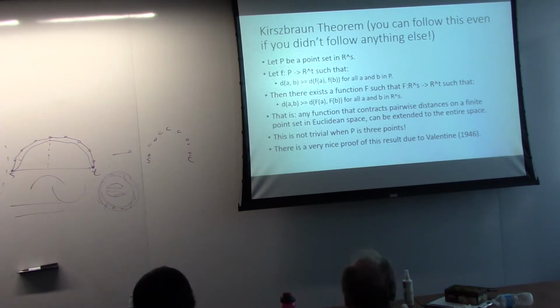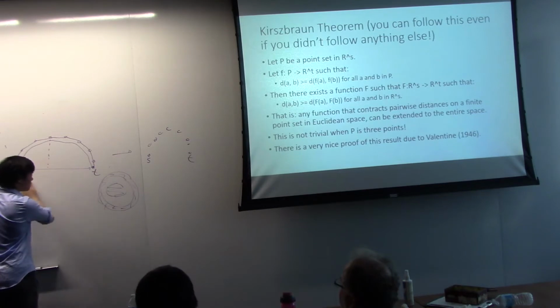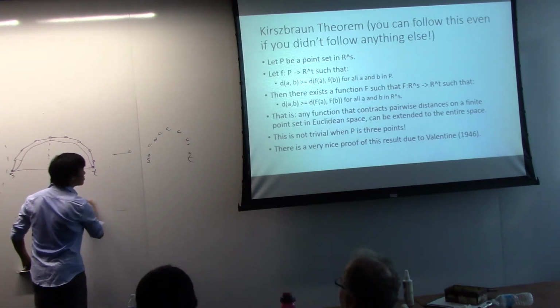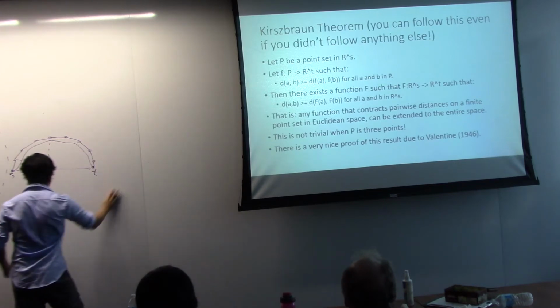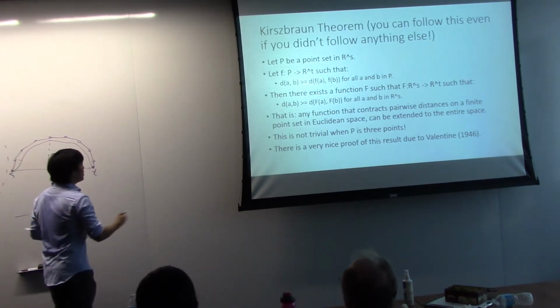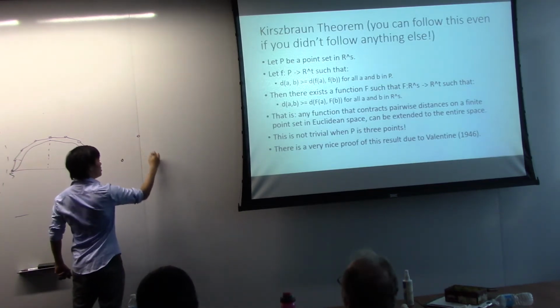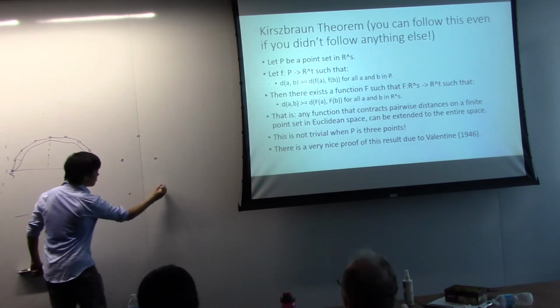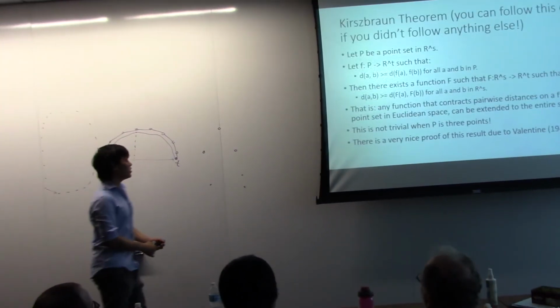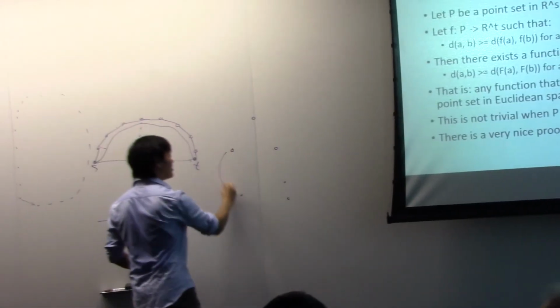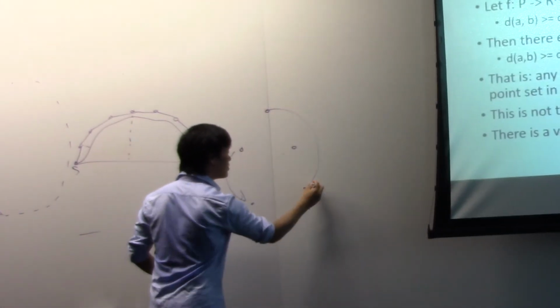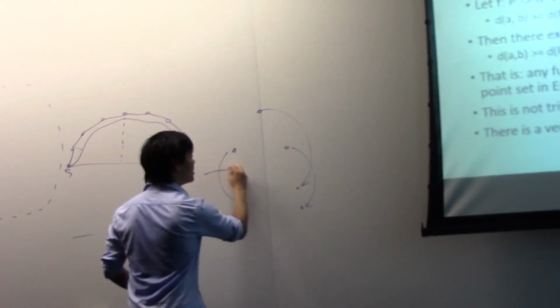So you have a point set, you have another point set, such that all your pairwise Euclidean distances shrink. So maybe this point maps to this one, this point maps to this one, this point maps to this one. These are two separate worlds.